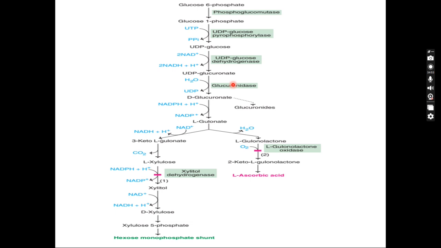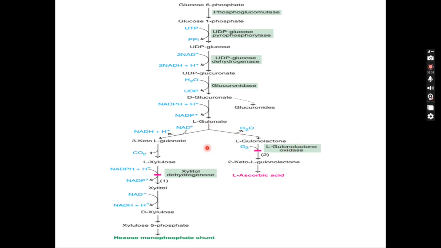So this is our table, which is just a summary of what we've been talking about. We have the L-gulonate, which is the L-uronic acid. Here it goes and produces ascorbic acid on this side, in those organisms that have the L-gulonolactone oxidase. Humans don't have this enzyme, which is here.